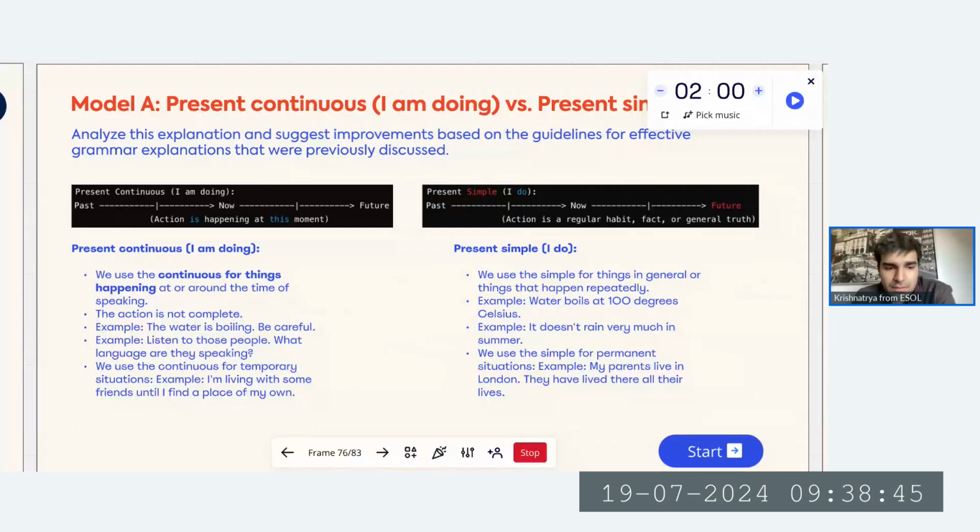No, I did not tell the form. I was only talking about largely the meaning, dancing, etc. So I was largely focusing on happening right now. I did not elaborate on the use of ing. I did not elaborate on the use of is. So the answer to that question is no, I was a bad teacher.